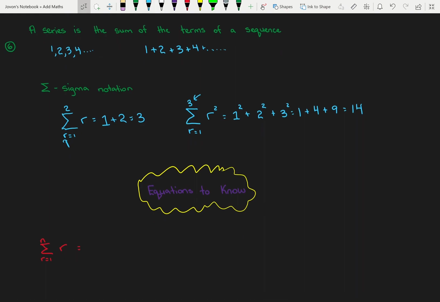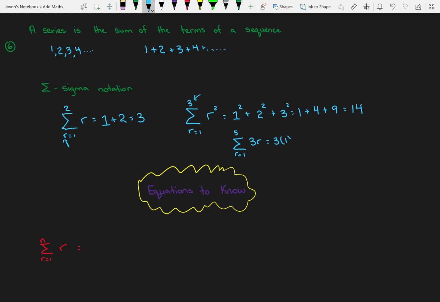Again, if we have, let me say, the sum from r is equal to 1 to 5 of 3r, all this means is that you keep substituting this value of r.